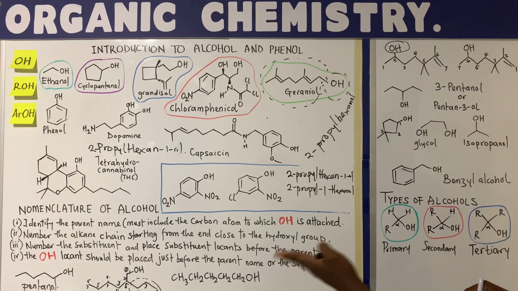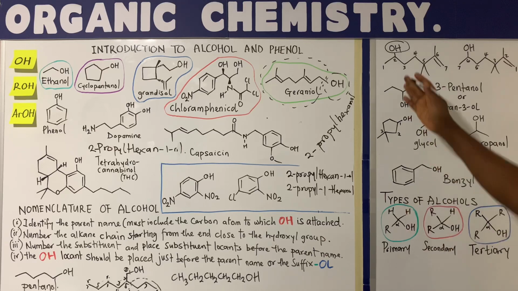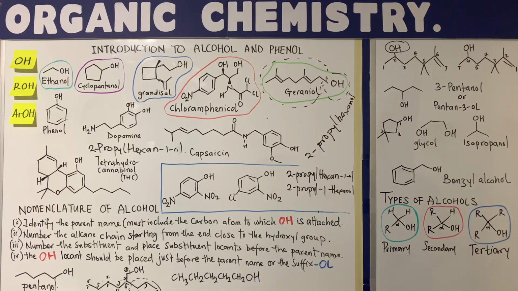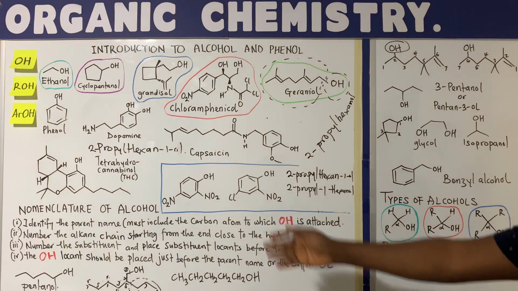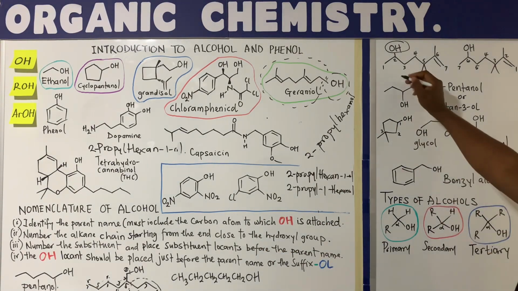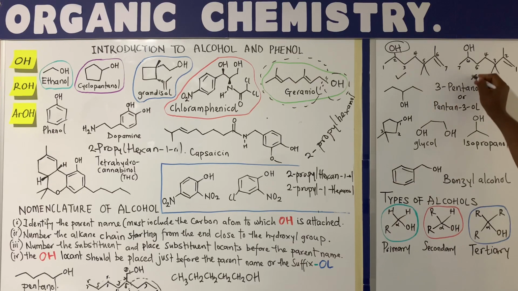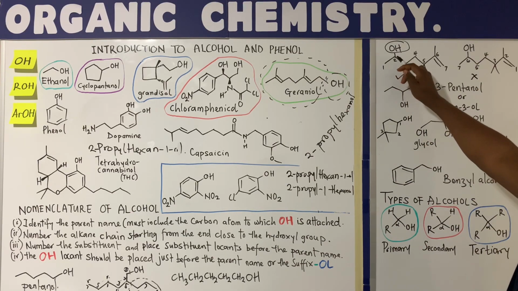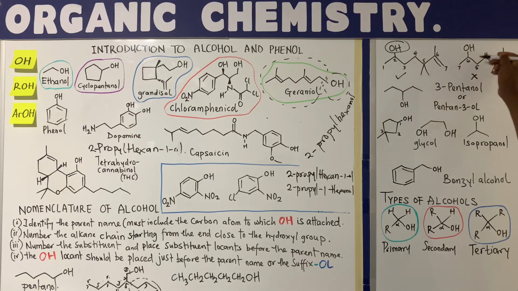So in appreciation of the second rule of naming alcohol, which one do you think is correct and which one is wrong? We will say that this is right and this is wrong, because this starts from the side that is closest to the hydroxyl group, whereas this starts counting from the side that is further away from the hydroxyl group.